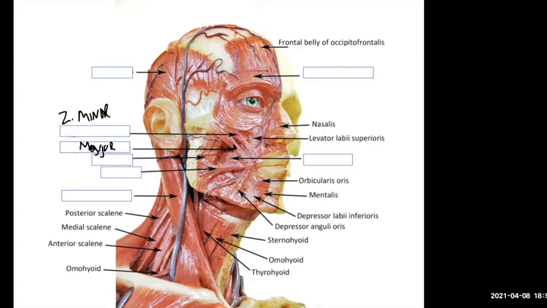The major is the bigger one that's a little lower. And this is showing your masseter, going from over here down over here. Here's that muscle going straight back. That's the risorius.